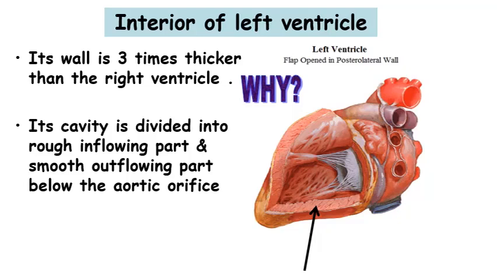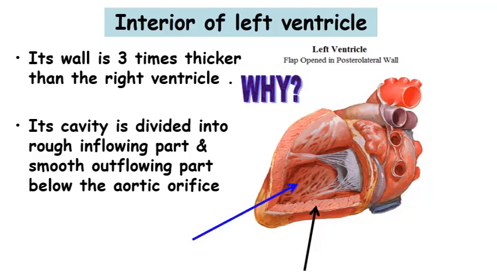Actually, the thickness of the left ventricle is very important because it pumps the blood into the aorta, which distributes the blood towards the whole body. So it needs thicker muscles.